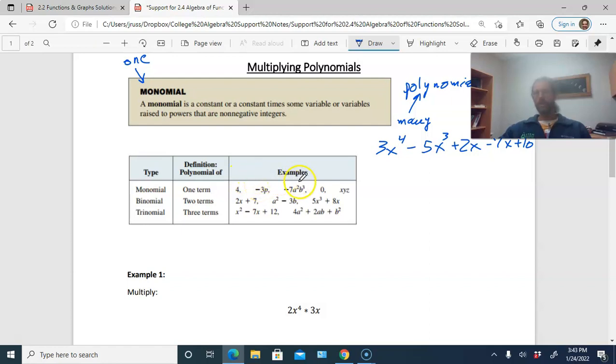A third example, although we won't really see this type in this class, would be this term right here. And the reason I know that this is just one term right here, guys, is because there's no plus or minus between the a and the b. This is all one term. Another monomial would just be the term 0.